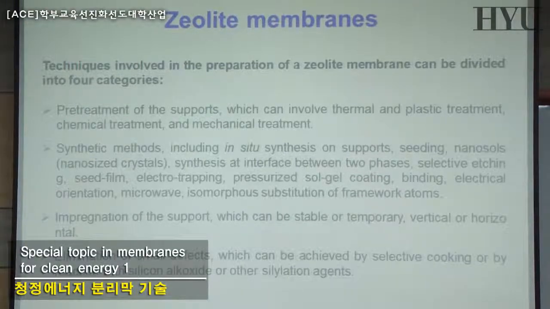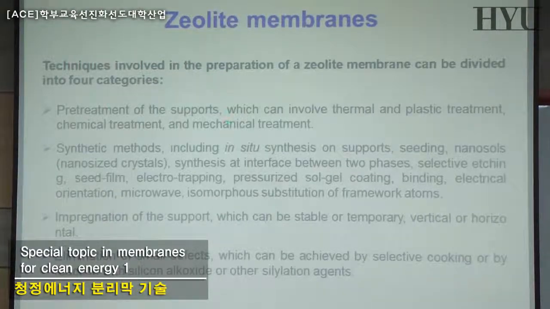Because zeolite itself, although it's microporous, if you make a 200 micrometer thick membrane of it, then it will be very expensive. So what you do is have a polymeric structure or a cheap inorganic structure as a support, and coat the zeolite on top of that support.